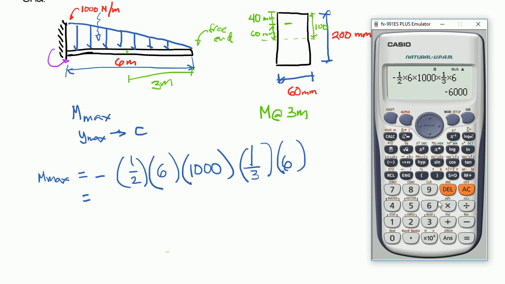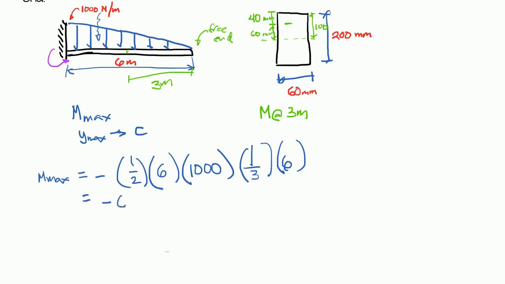So, this is equal to negative 6,000. So, the maximum moment is negative 6,000 Newton meter. Okay, it's all newtons times meter. So, Newton meter are my units.